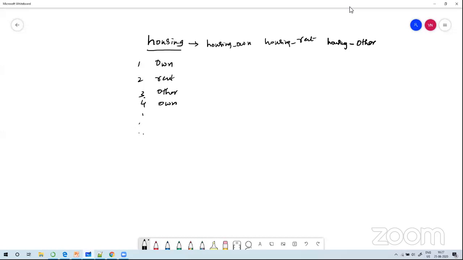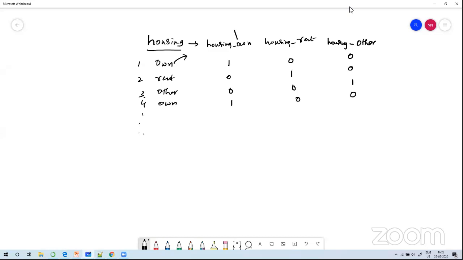Wherever housing value is own, this column will take 1 and the others will take zeros. Where rent is 1, this will take 1, so the others would take zeros. So we are converting a character column into binaries like this. Wherever other is 1, these 2 will take zeros and this will be 1. Again, if it is own, this will be 1 and these 2 will be zeros.